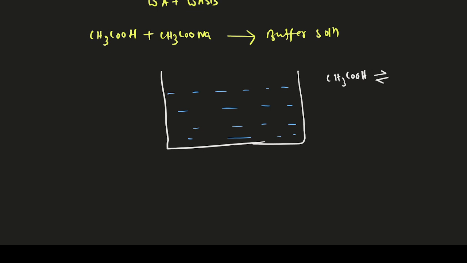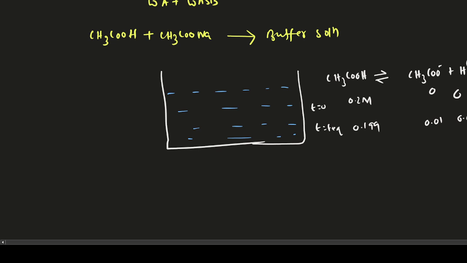It will partially dissociate into CH3COO minus plus H plus. Okay, at t equal to 0, suppose this is 0.2 molar, and these are 0 and 0. At equilibrium it dissociates a very small amount, so let's say 0.01 molar, 0.01 molar, and then this is 0.199 molar.